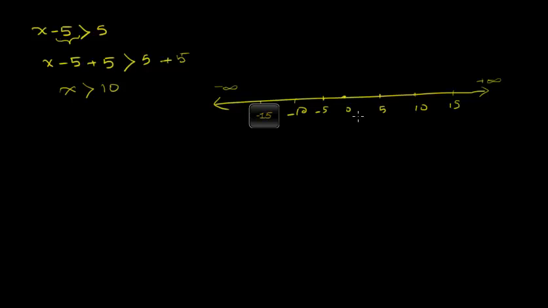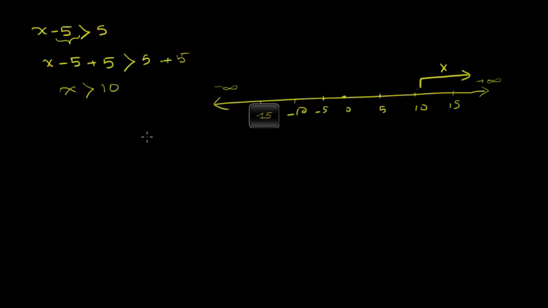So x greater than 10 means you have plenty of options for x. X could be any number that is greater than 10. No number below 10 can be x, but any number greater than 10 could be x and make the statement true. And we can test it.